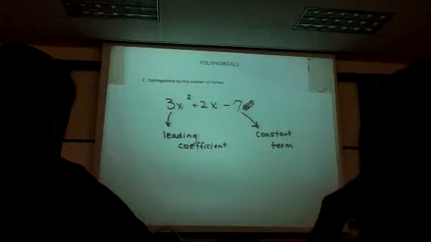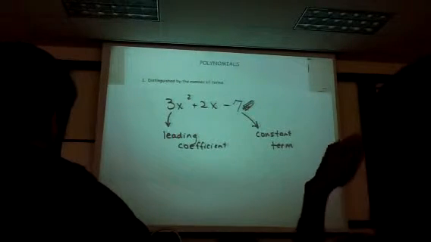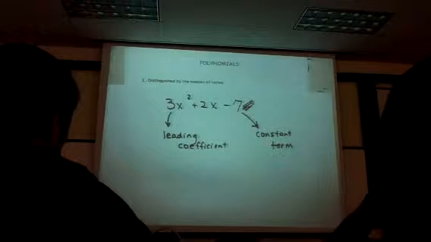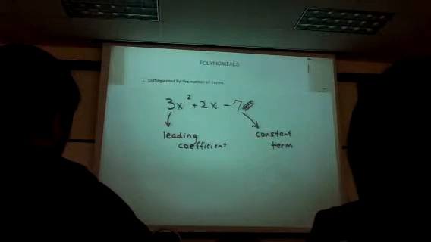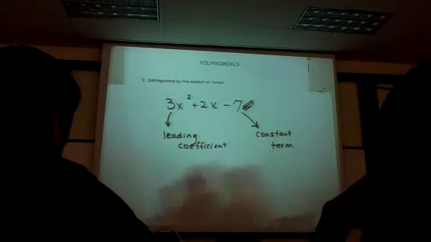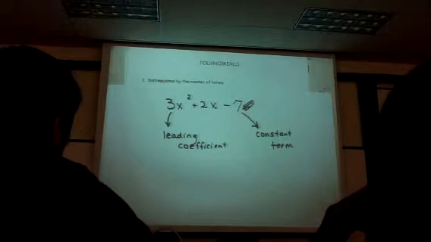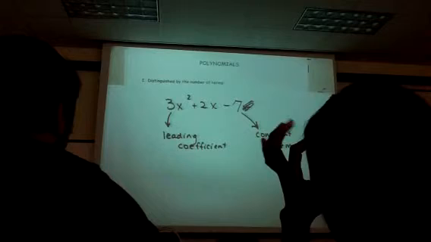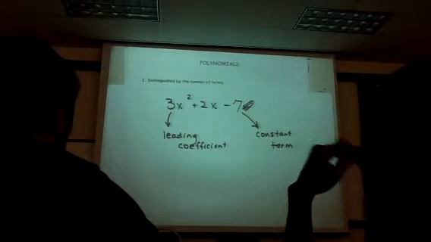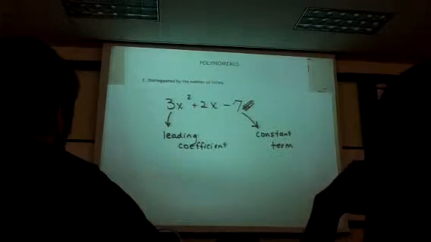But negative 7 stays negative 7 no matter what x is, right? It's constant. It's always negative 7. So that's just a little bit of terminology that you'll be asked to recognize when they talk about a leading coefficient or a constant.